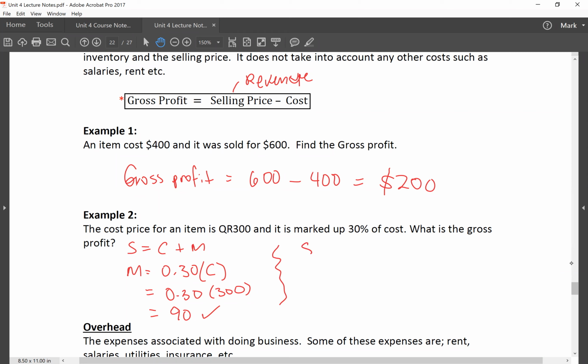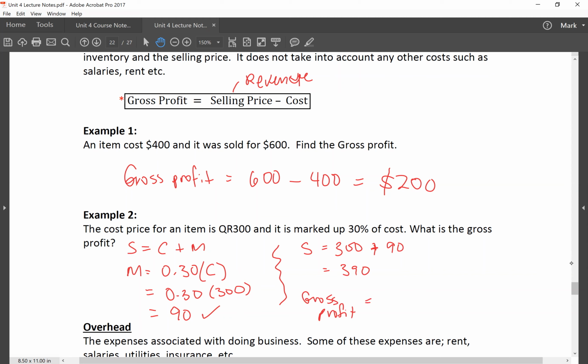So the selling price is going to be the cost, 300 plus 90, which is 390. Okay, so gross profit. Sorry, I don't have a lot of room to write here.